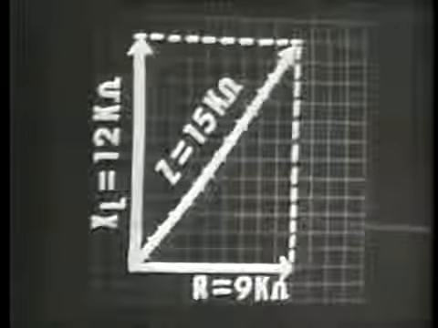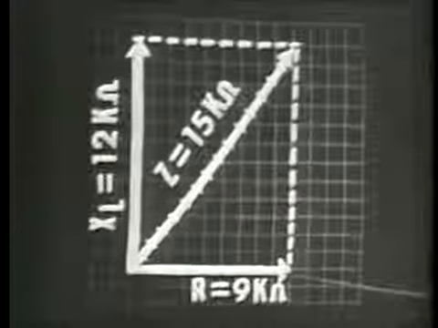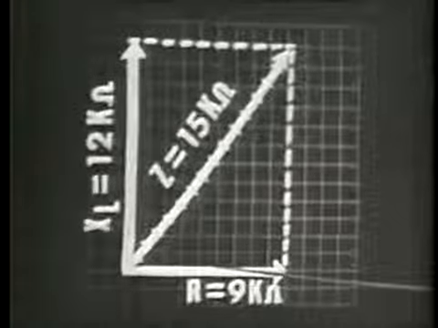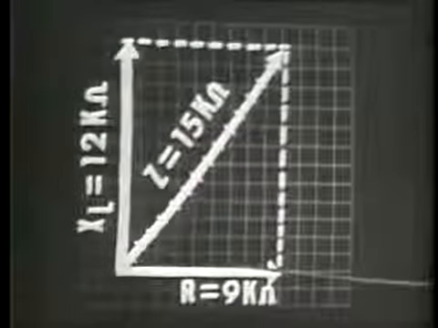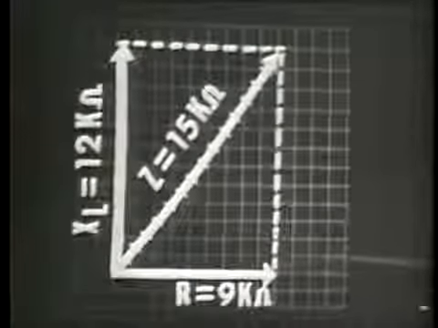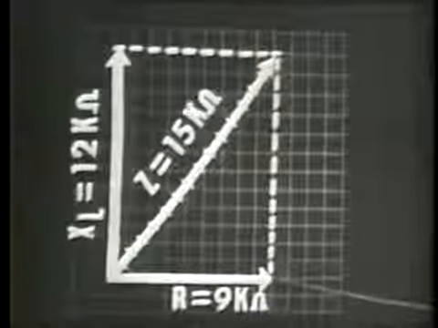Now, you'll notice an angle is generated between the impedance and the resistance vectors. This angle in here is known as the impedance angle. The impedance angle in an inductive circuit is positive, which tells us the impedance vector lies in a counterclockwise or positive direction from the resistance vector.